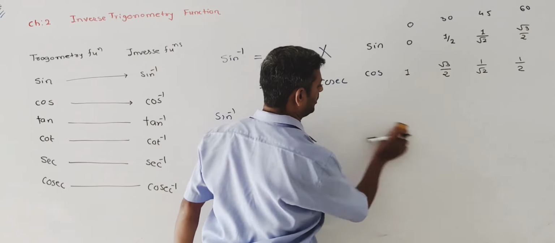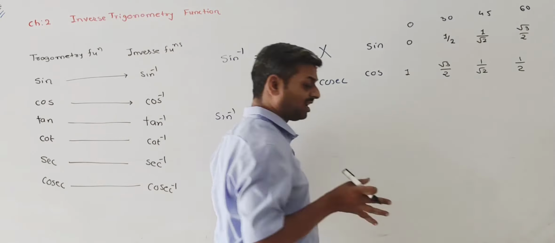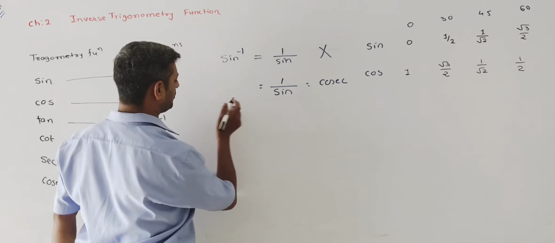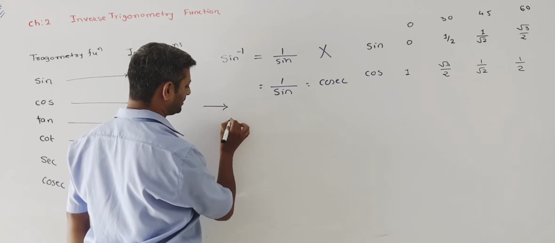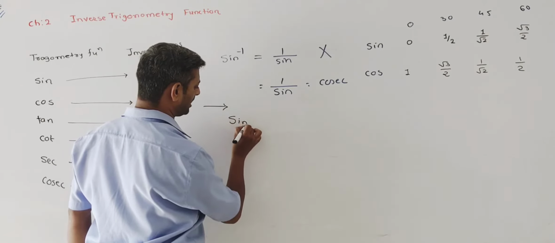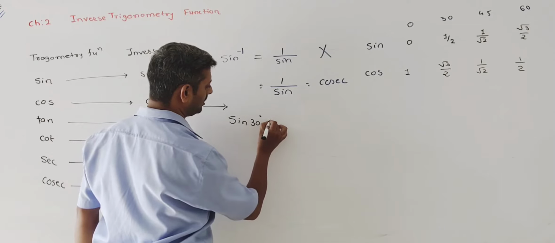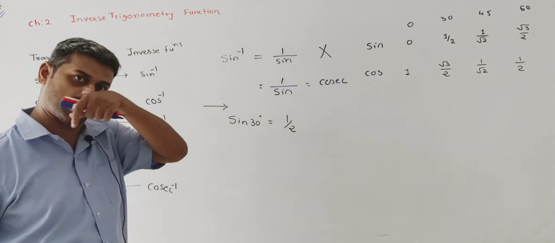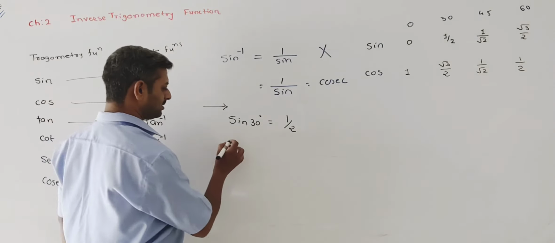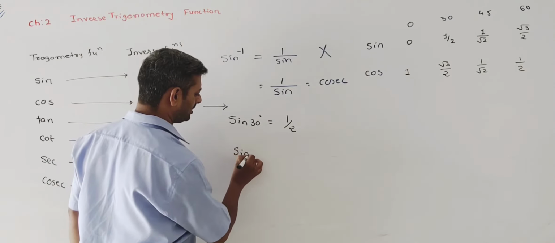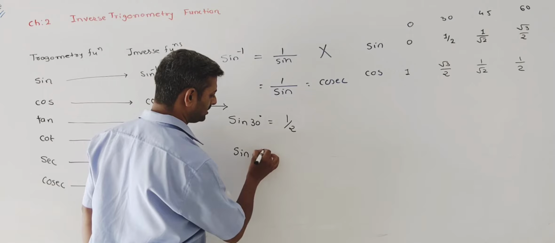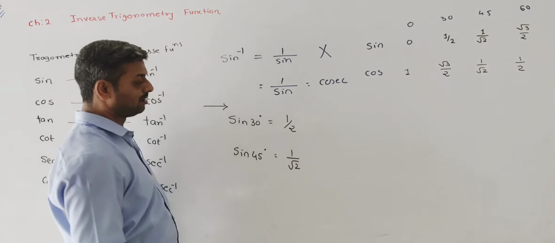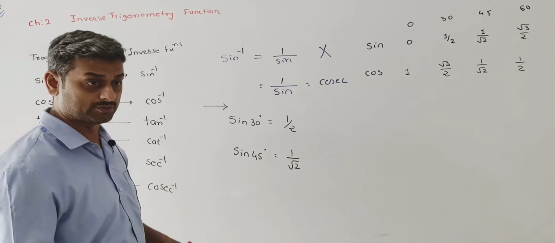First we are going to understand what an inverse function is. If somebody asks you what is the value of sine 30, obviously you are going to write sine 30 is equal to half. Suppose somebody asks sine 45, then the answer is 1 upon root 2.